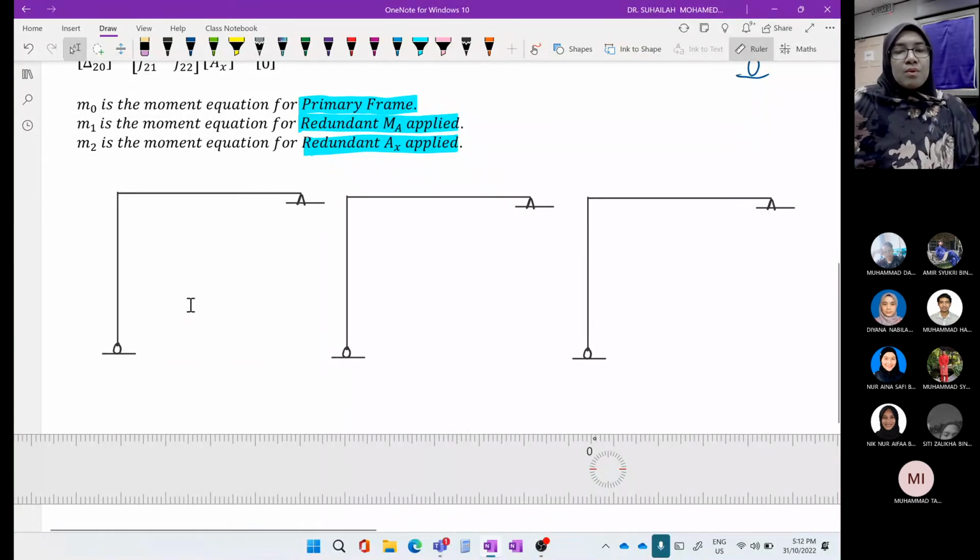Number 1 is to calculate M0. Number 2 is to calculate M1. Number 3 is to calculate M2.